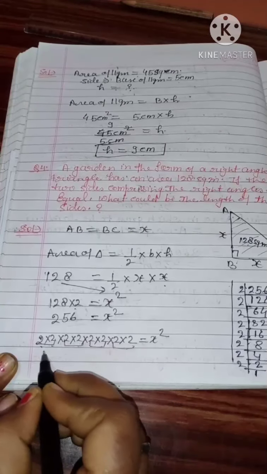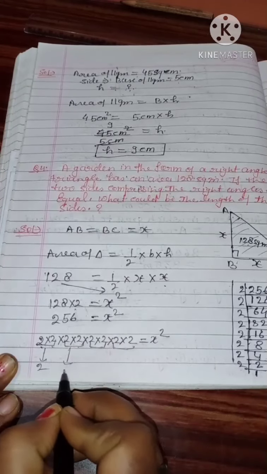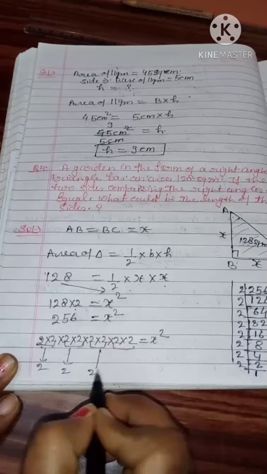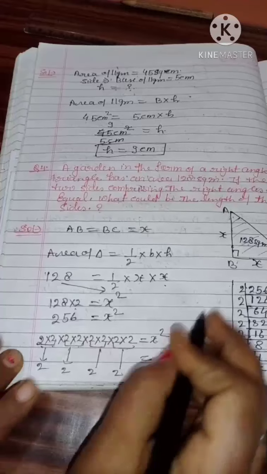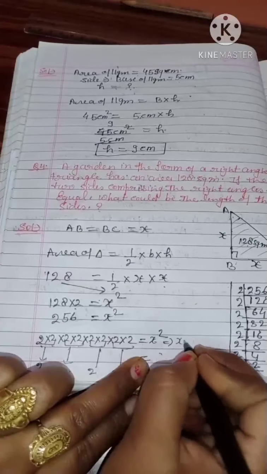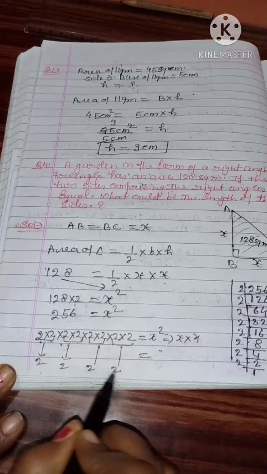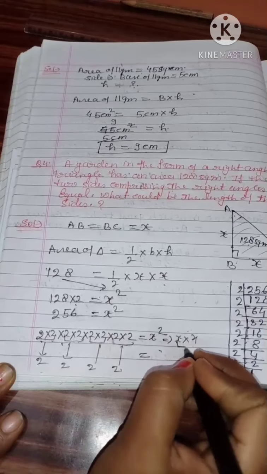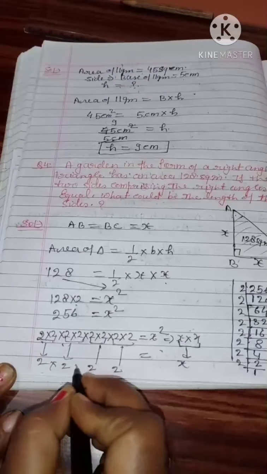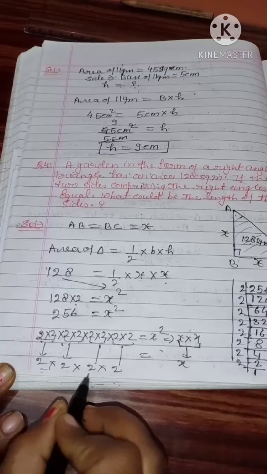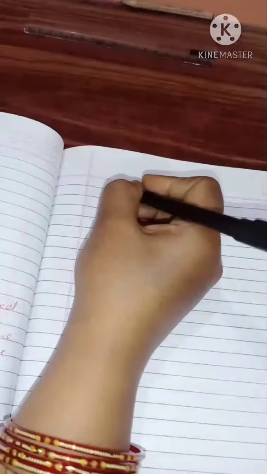And take from every pair only one 2, and that will be your answer. 2 from here, 2 from here, and X square means X into X. If from these 2s we are taking only one 2 from each pair, so here also from these two X we will take one X. Okay, so 2 twos are 4, 4 twos are 8, 8 twos are 16, and X, 16 is equal to X.